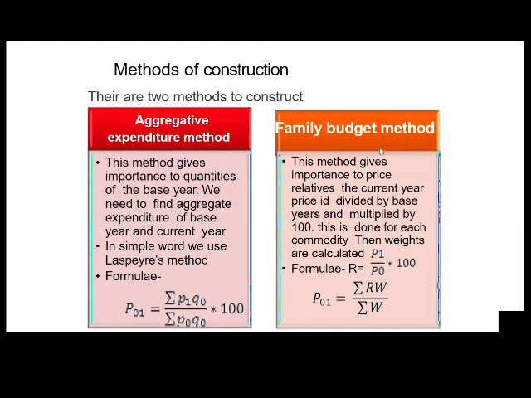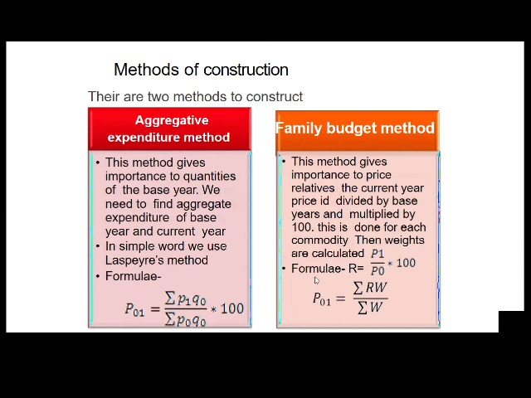The family budget method gives importance to price relatives: the current year price divided by the base year price and multiplied by 100. This is done for each commodity, then weights are calculated. The formula for the family budget method I already explained in the previous slide.